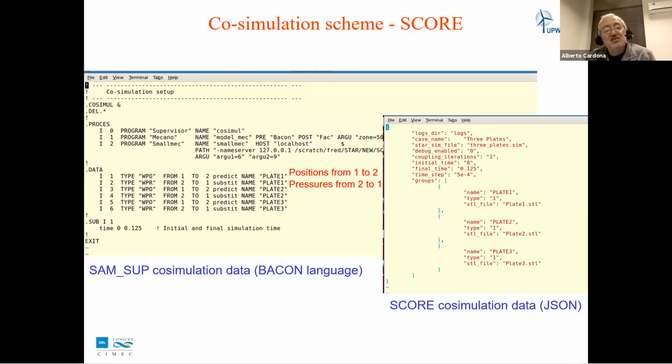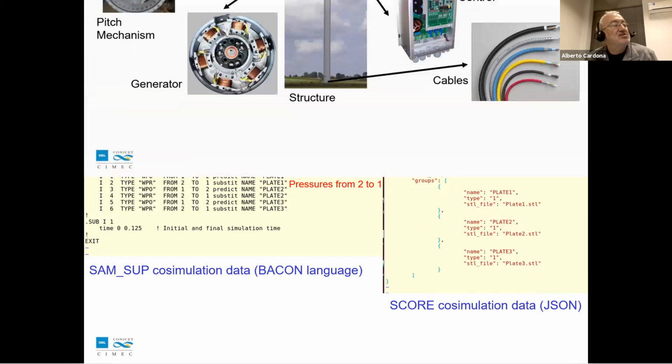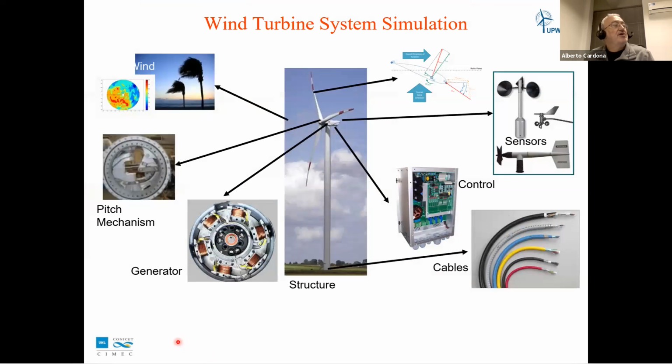So this is just a rough view to give you an idea of the complexity of putting 2 softwares running in parallel, which were developed by separate people and separate groups. So then let us go now to the simulation of a wind turbine system.